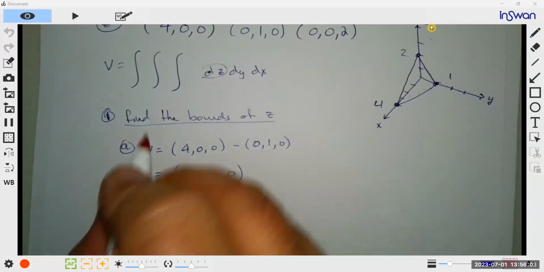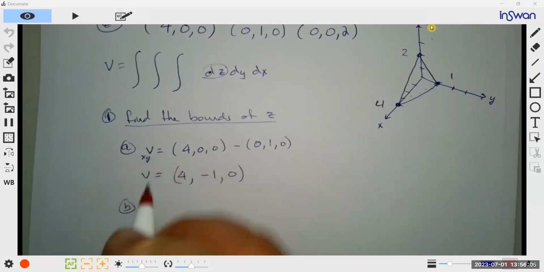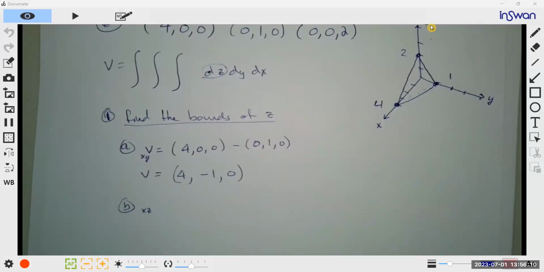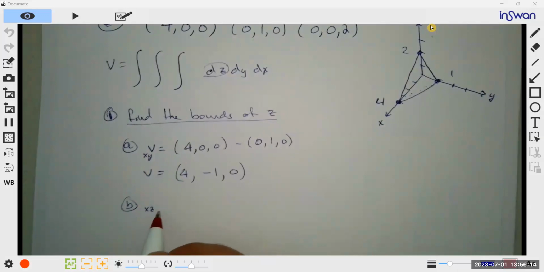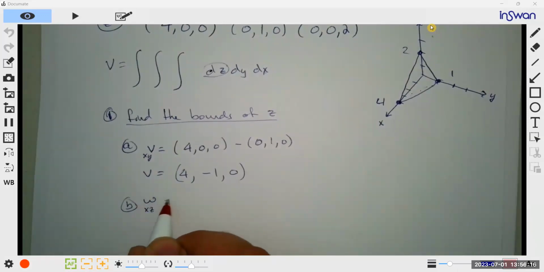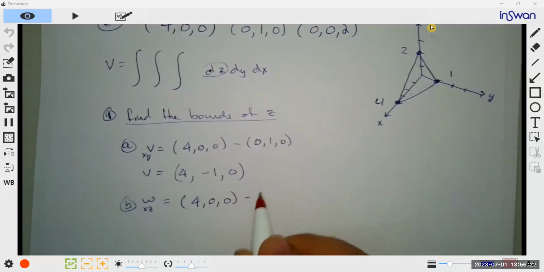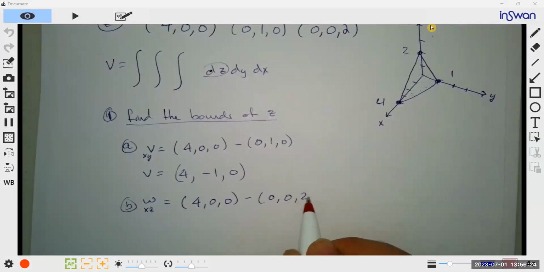Now we want the X. This is the X and Y. Now we want the X and Z because we want them to be normal to each other. We're looking for the normal vector. So we want vector W. 4, 0, 0 minus 0, 0, 2.